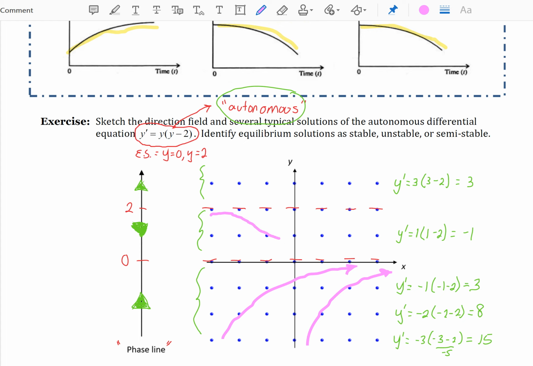So they might go like this or like this. Anything in this top region would always have a slope that's positive. And so they may look like this. Notice I'm able to come up with our qualitative analysis of these solutions just by knowing the signs in each of these three regions. I do not have to draw every slope field element.